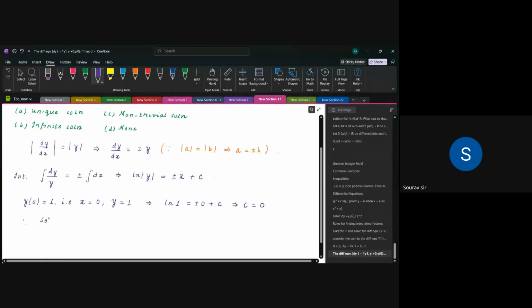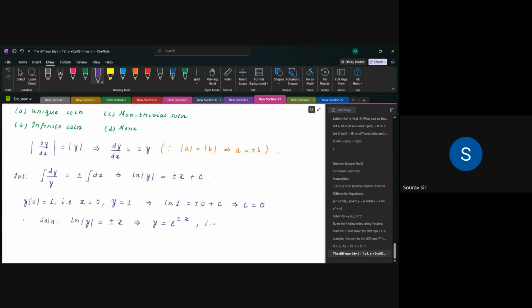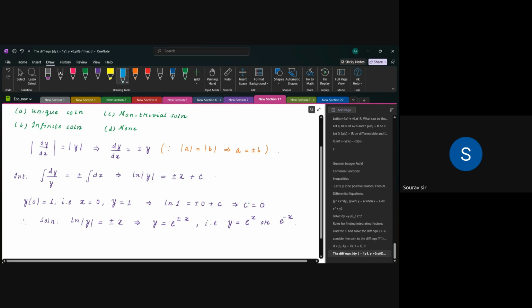That means your final solution is log of mod y equals plus minus x, which implies y equals e raised to the power plus minus x. That is, y equals e to the power x or e to the power minus x. Okay. So this is your solution to the differential equation.